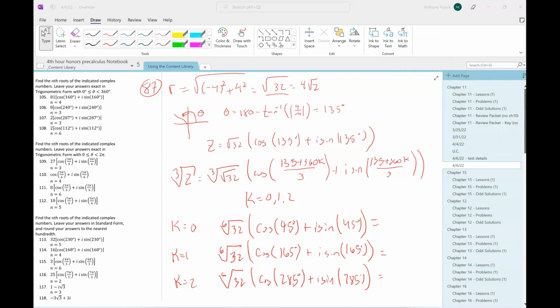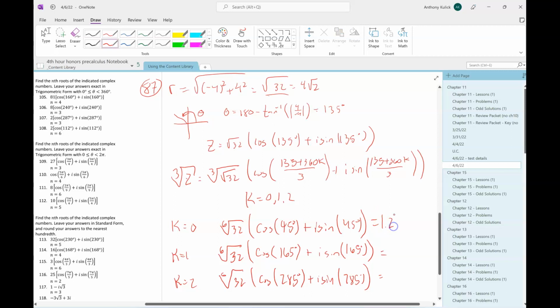Okay, so let's write those down real quick. 1.26 plus some stuff, negative 1.72 plus some stuff, and then 0.46 minus some stuff.